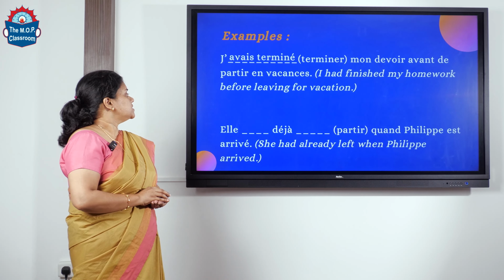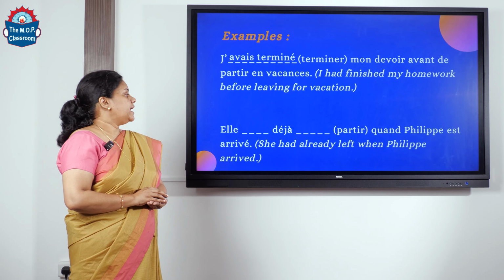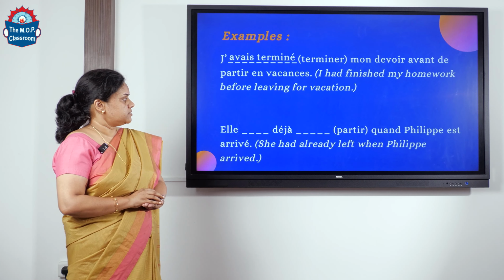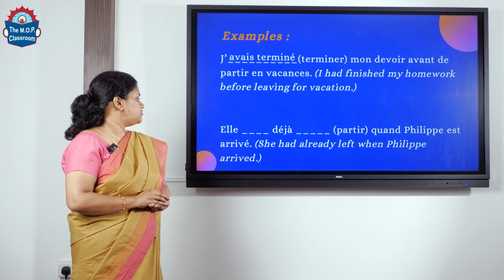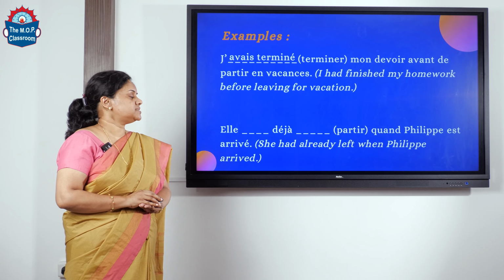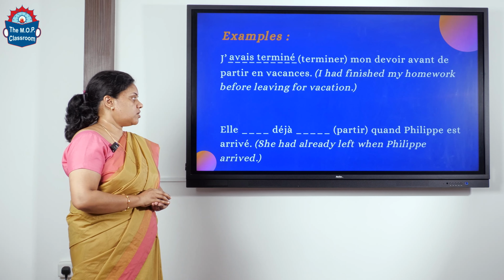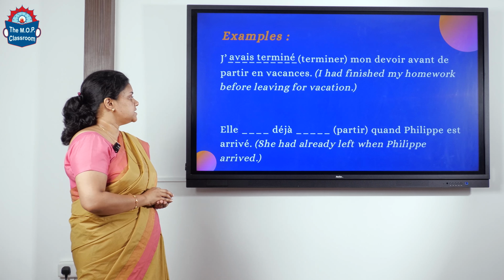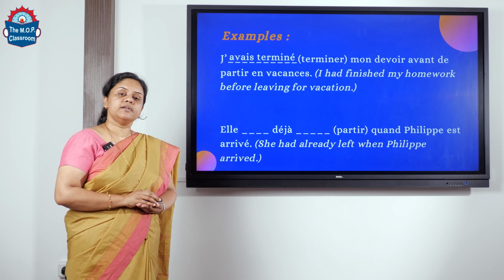Okay. Now the second example we have: elle dash déjà dash partir quand Philippe est arrivé. She had already left when Philippe arrived. So again here there are two actions. She had already left and Philippe arrived. The action that takes place first is she had already left.